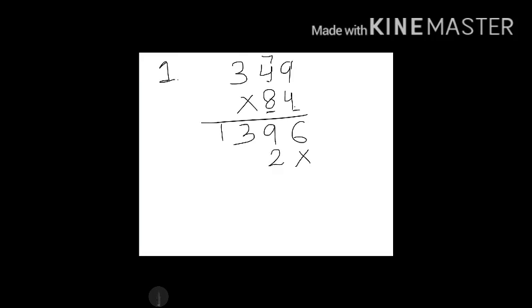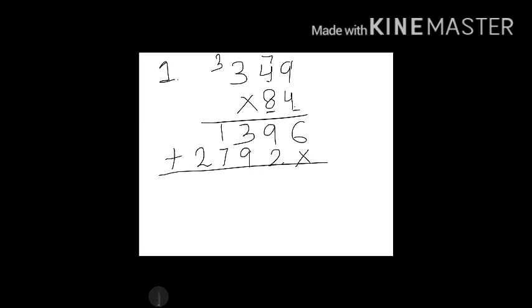So 2 and 7 will be the carryover. 8 4s are 32 plus 7, that is 39. So 9 and 3 will be the carryover. 8 threes are 24 plus 3, that is 27. So I'll be writing here 27.